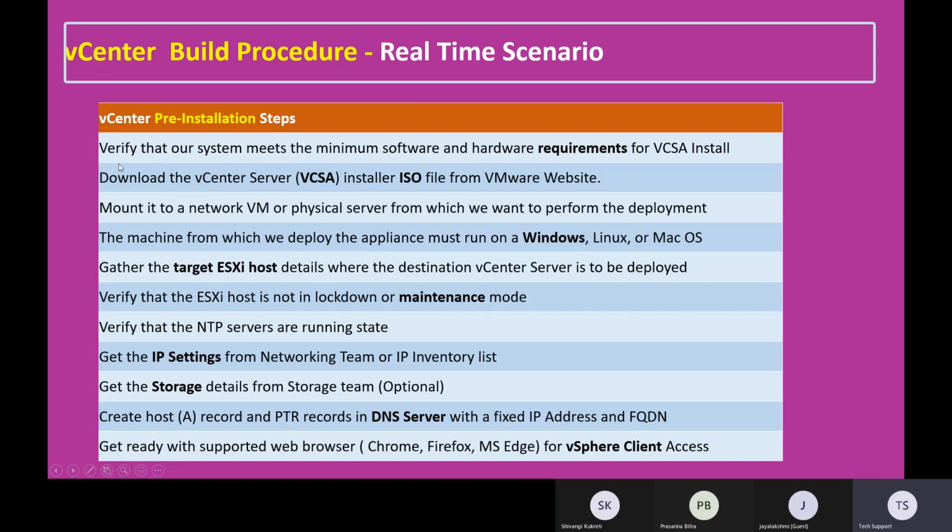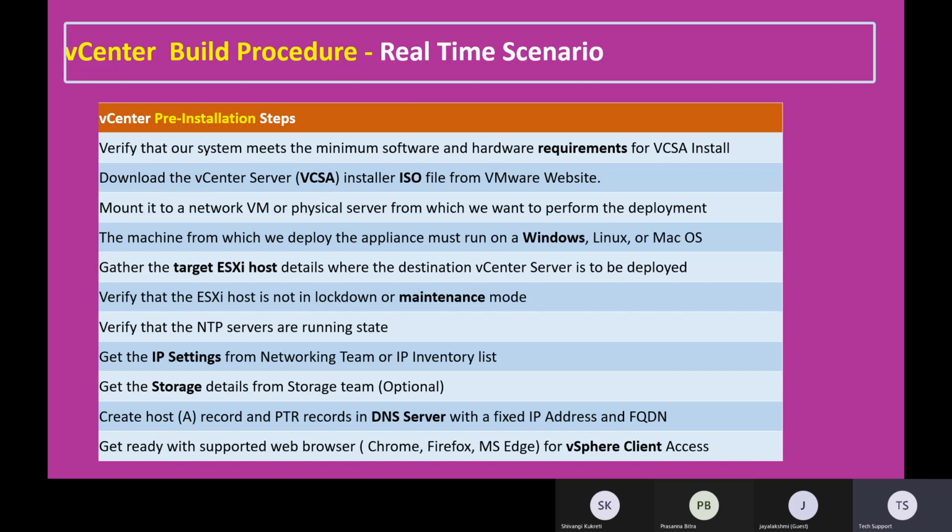So the first point is to verify that our system meets the minimum software and hardware requirements for the vCSA install. vCSA means vCenter Server Appliance. So before installing vCSA, we need to verify software and hardware requirements. Software means our vCenter server is being installed on an ESX server, so the ESX operating system, the VMware hypervisor software, is one of the software requirements. For that ESXi host, we should finalize which ESX host we are planning to choose to install the vCenter server.